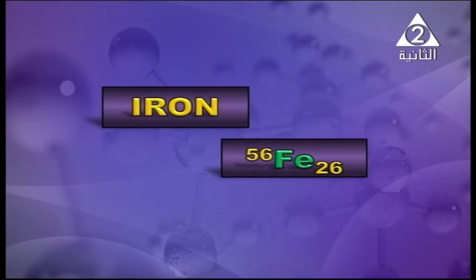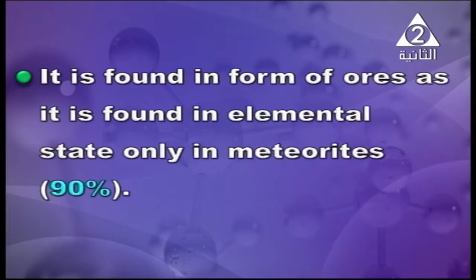Iron as an element has atomic number 26 and atomic mass 56. Iron is found in the form of ores, as it is found in the elementary state only in meteorites, by 90%.